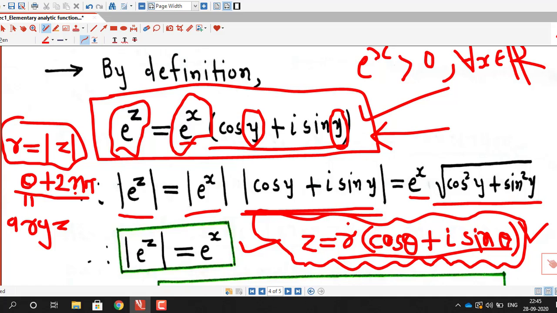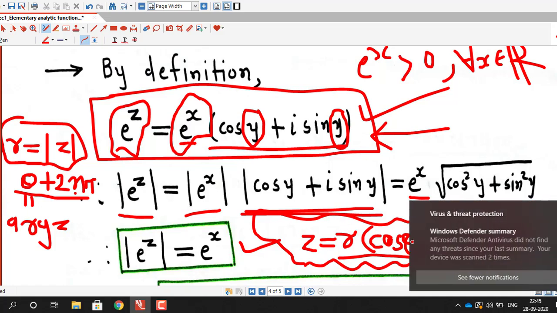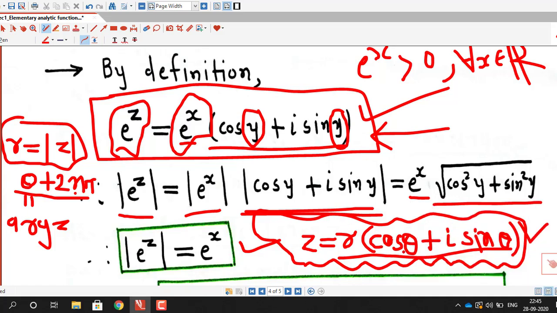So if we have this type of polar form, then r is nothing but absolute value of z. So from this logic also, you can directly write that absolute value of e raised to z is nothing but e raised to x, and argument of e raised to z is nothing but this angle y.